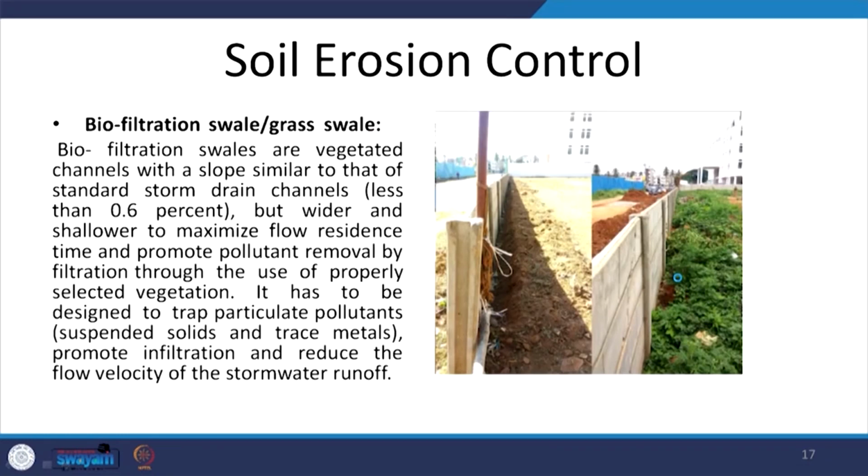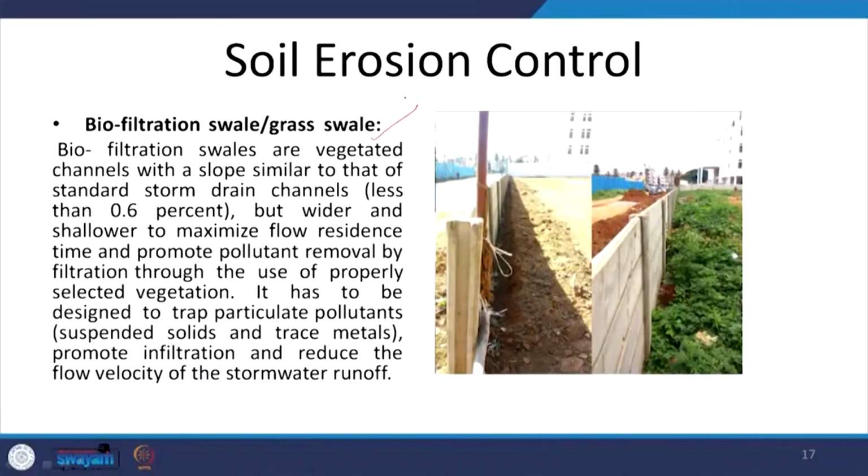Besides infiltration trench, we have biofiltration swale or grass swale. So in infiltration trench, rocks and boulders are used as a lining. They are just filled up. So the water percolates down and the soil is retained. In a biofiltration swale, instead of rocks and boulders, we use vegetation.